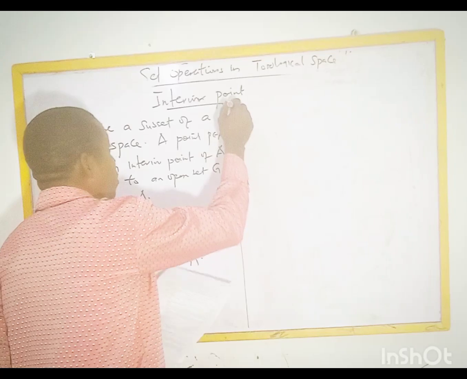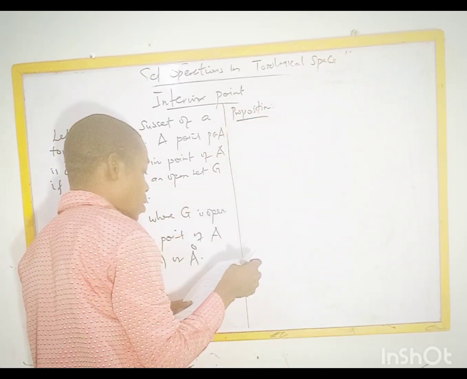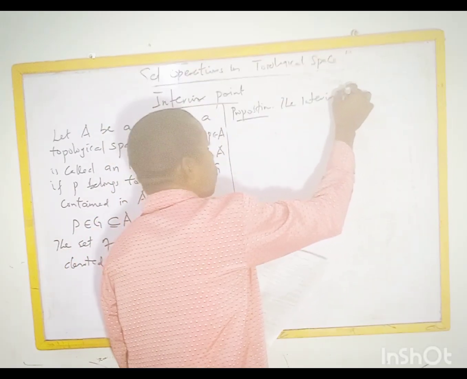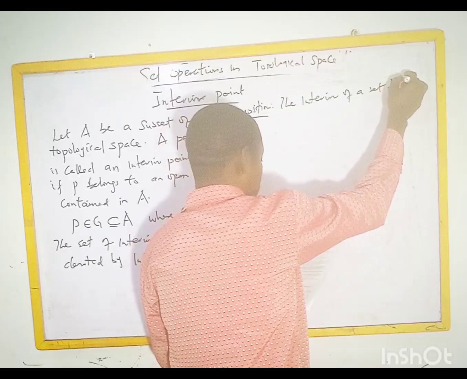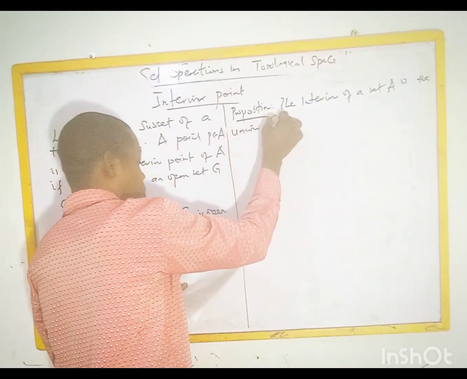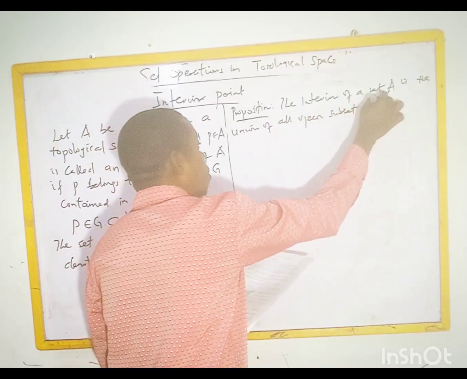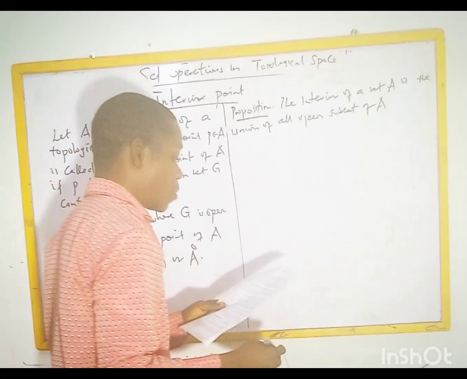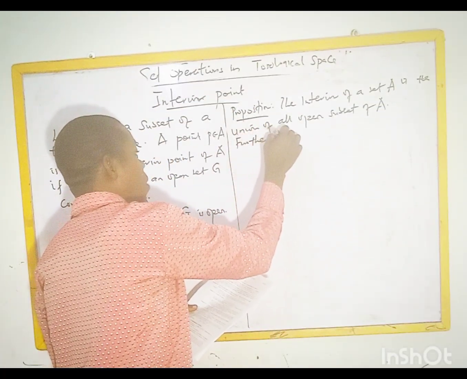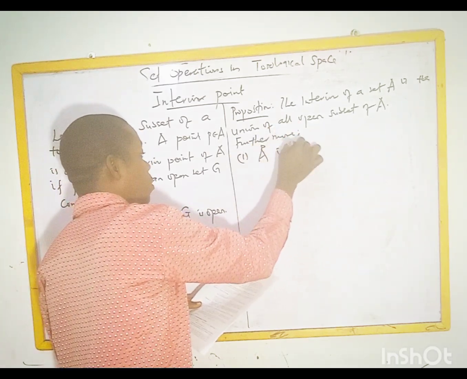Now we have a proposition that characterizes the interior. It says that the interior of a set A is the union of all open subsets of A. Furthermore, one, the interior is an open set.